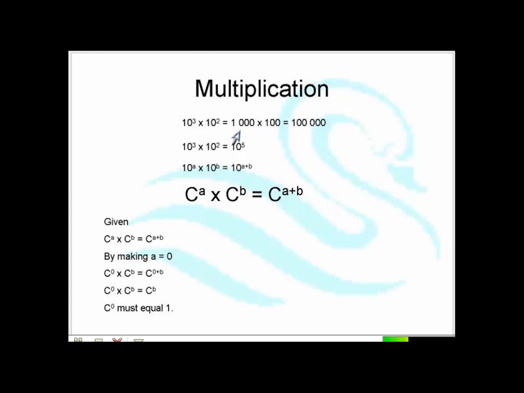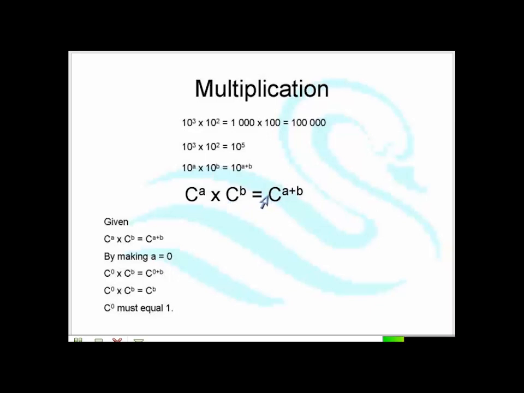Now if you count the zeros, 10 cubed has 3 zeros, so that's 10 to the 3. 10 squared has 2 zeros, and 100,000 has 5 zeros, which is 10 to the 5. So you see 3 plus 2 gives me 5. So when you're multiplying numbers, you're allowed to just add the indices, providing it's the same number throughout.